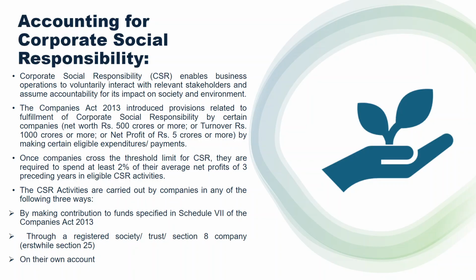Number 2, through a registered society, trust or Section 8 company. And number 3, on their own account. So these are the corporate social responsibility activities these companies have to undertake according to the Companies Act 2013. This is the second technique, accounting for corporate social responsibility.